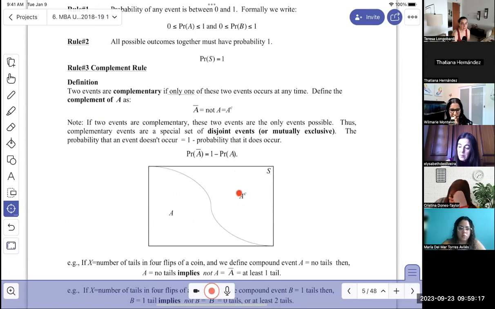And I can calculate it as 1 minus. So this should feel also like the normal distribution. If we wanted the left side and we have information on the right side, we use 1 minus. So the symbol A^c is the same as not A or A bar.